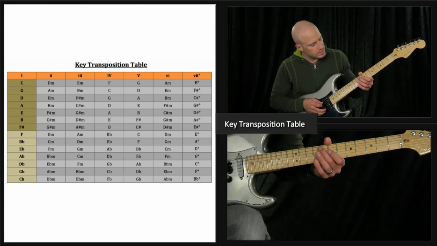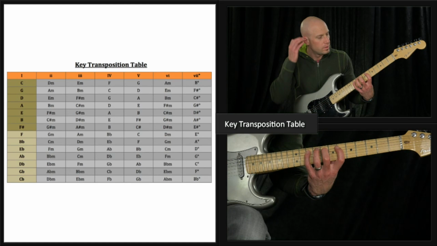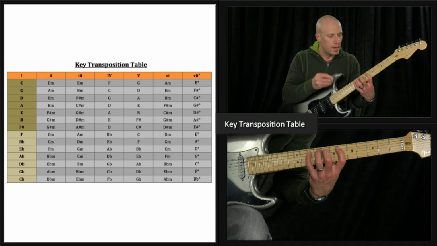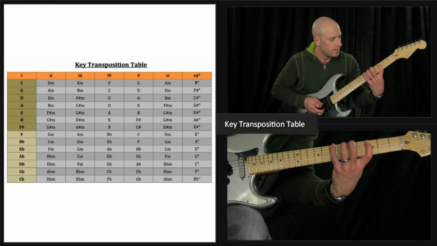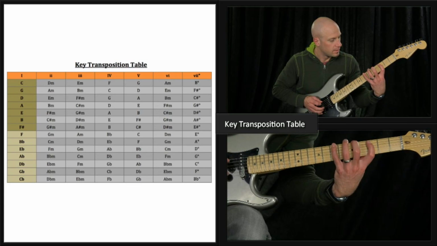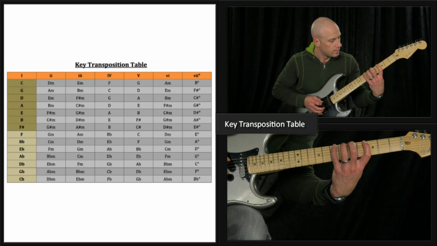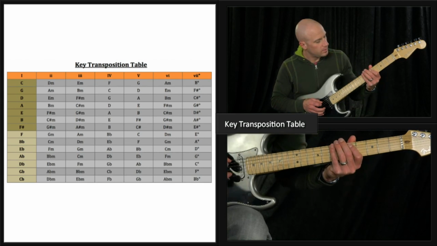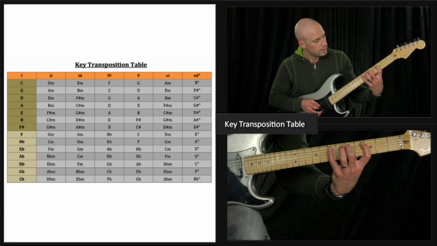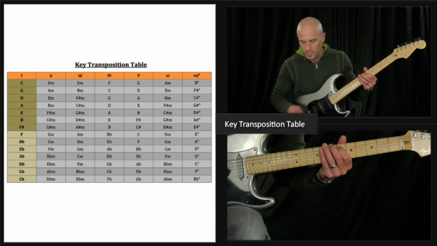Because these notes, this is an F, E, F, G. So you could play a G major scale until you get to here. Let me think about this real quick. I don't know if that'll work.